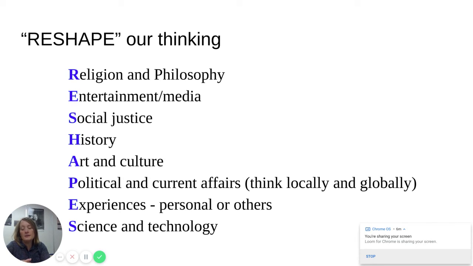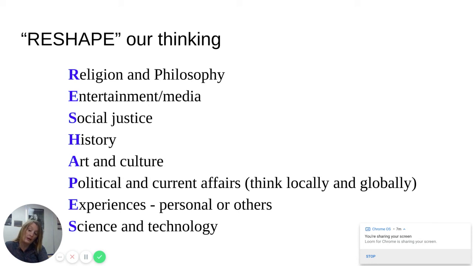And so I teach them something called RESHAPE. It's just a word I made up to get them to reshape their thinking. Anytime they can connect something that they're reading, whether it is modern day or pre-20th century, to something else they know about religion and philosophy, entertainment, social justice, history, art and culture from this time period or another, political and current affairs, personal experience, or science and technology.